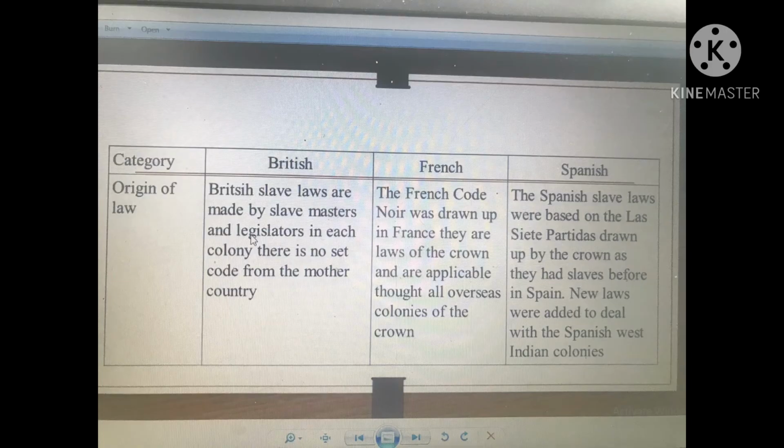Likewise, with the French, their law was also drawn up by the crown and was applicable throughout all overseas colonies of France. However, the British were different. Their slave laws were made by slave owners and their legislators in each colony, and there was no set law from the mother country that was applied throughout all overseas colonies.